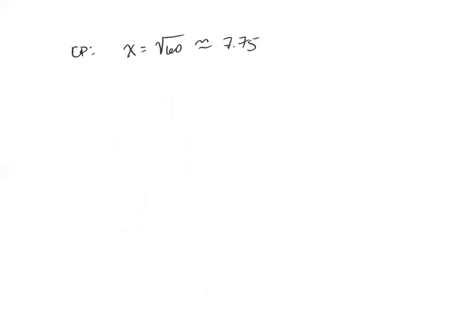I'm going to use the first derivative test to figure out whether it is a minimum or not. I'll draw a number line here, with 7.75. I'm going to test x equals 1 on the left, and test maybe x equals, say, 10 on the right.